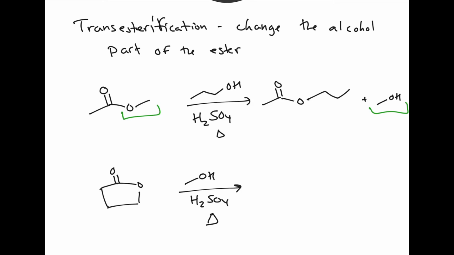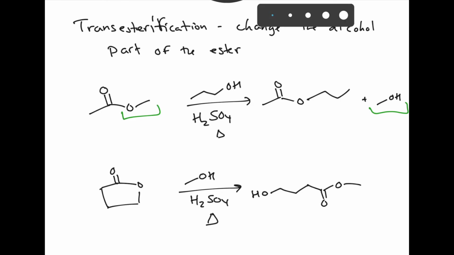So here you end up with like OH, 1, 2, 3, 4, where this oxygen right here, make it green, is that oxygen right there. Right, so they stay attached to one another.